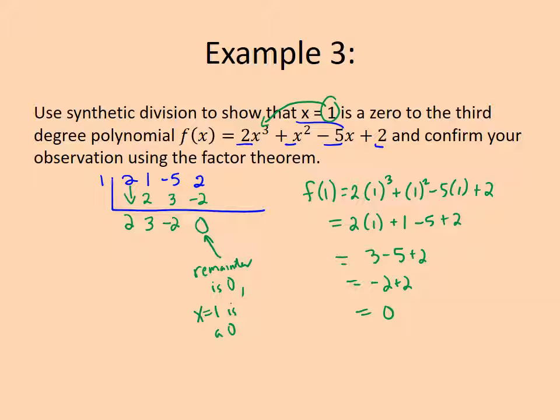Since we plug 1 into the function and we get 0, and we did synthetic division, and the remainder was 0, we have confirmed using the factor theorem and used synthetic division to show that x equals 1 is a 0.